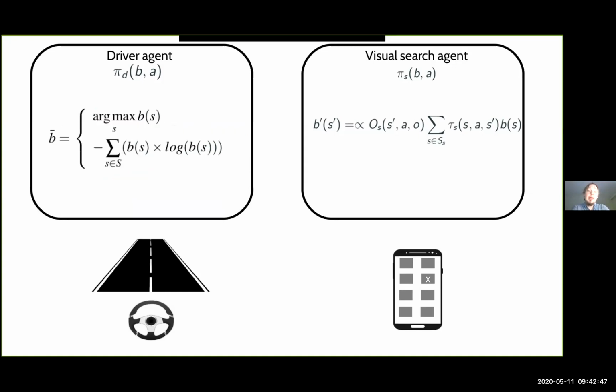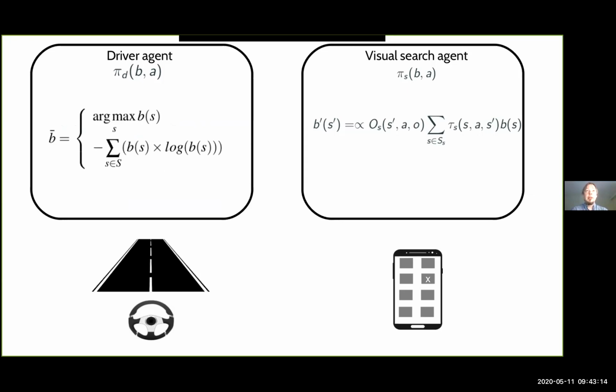In order to emphasize this, we used what is called an augmented POMDP, in which we summarize the belief distribution into an augmented belief, which consists of two entities. One is the most plausible current state of the world based on the highest belief, and the other is the entropy of the whole belief distribution.